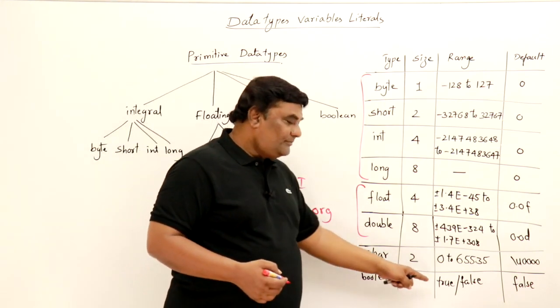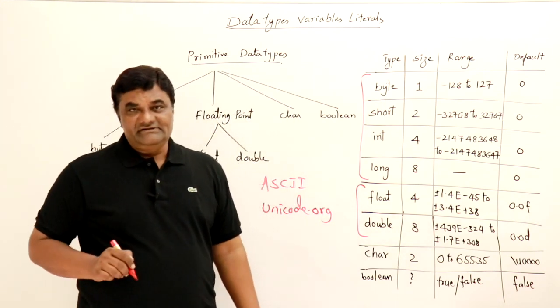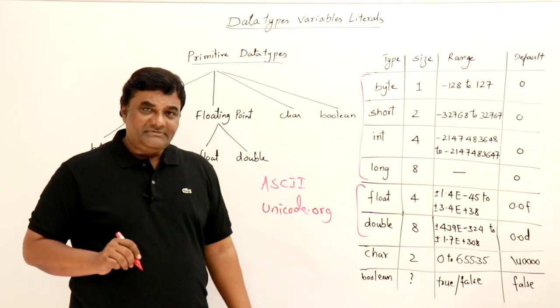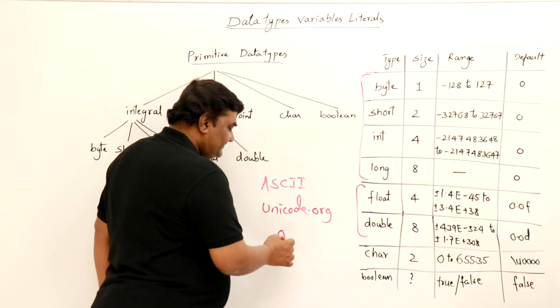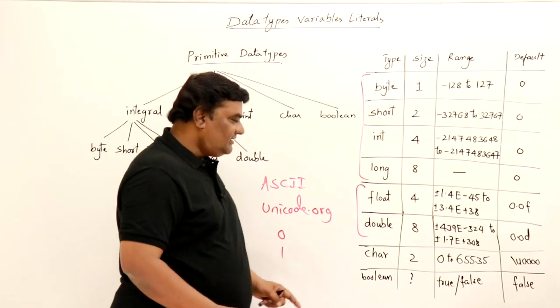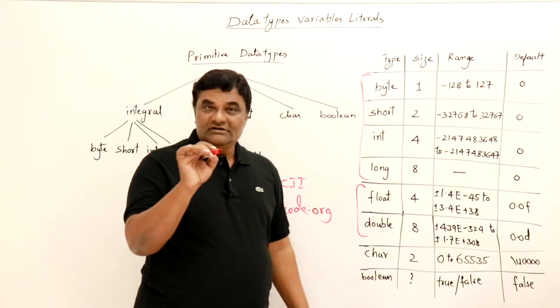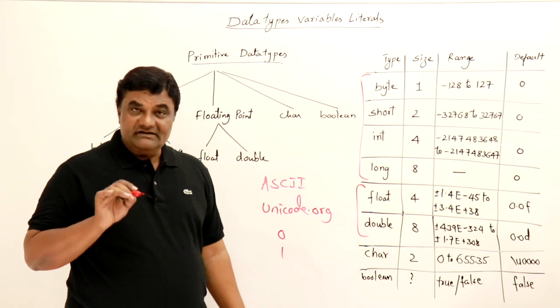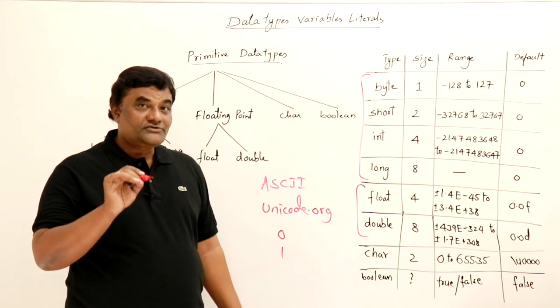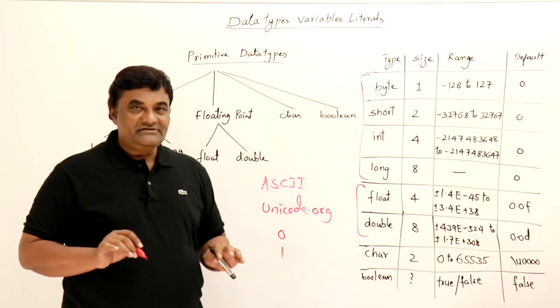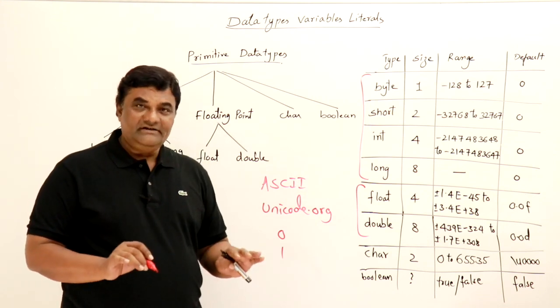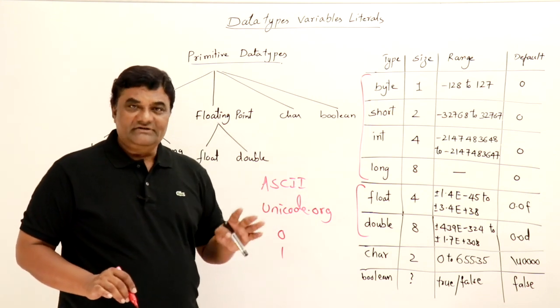Lastly, boolean. This is true and false. If you're coming from C++, you may know that 0 means false and 1 means true. But in Java, the reserved words true and false are used. True here doesn't mean 1. True is true only and false is false only.